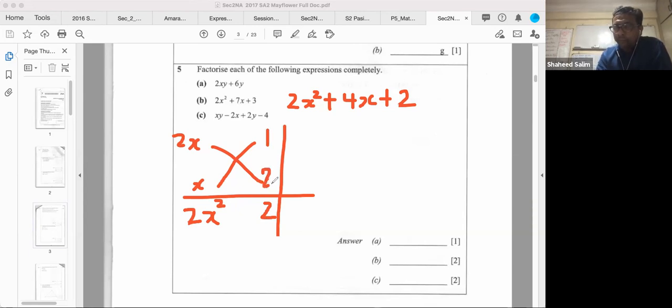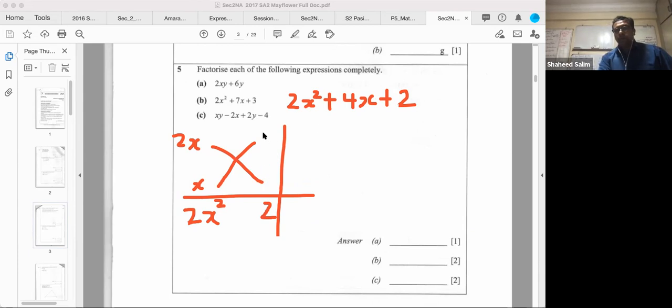We try. So 1 times 2, 2. 2x times x, 2x squared. You times get 4x. X times 1, x. Some 5x, cannot. Something doesn't work. So what do I do? Maybe I must change the positioning.